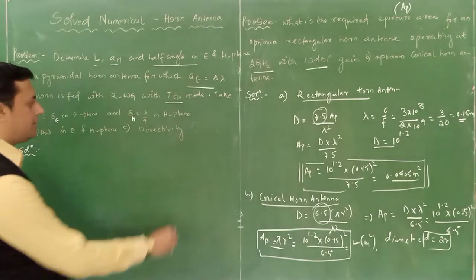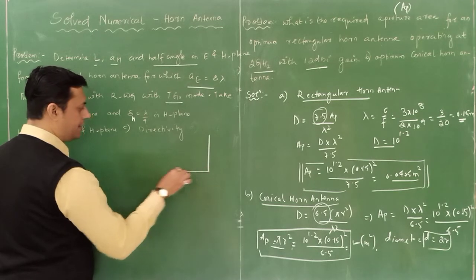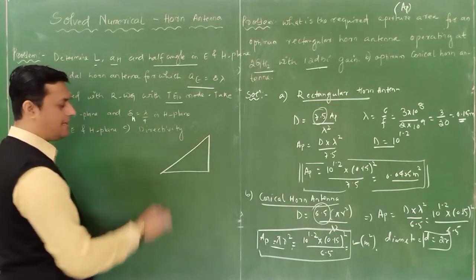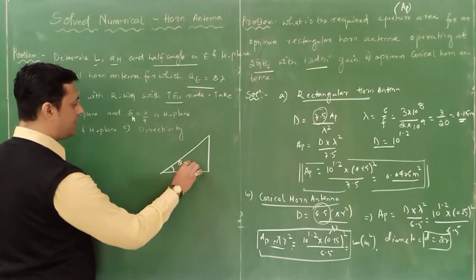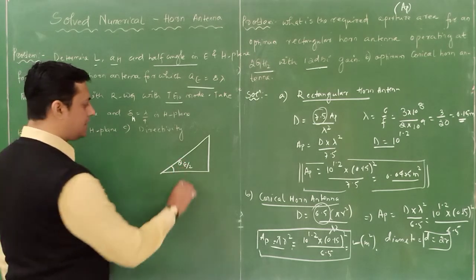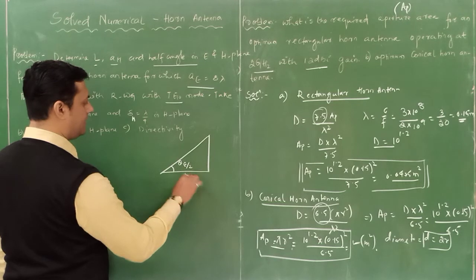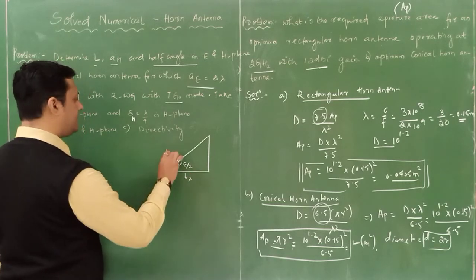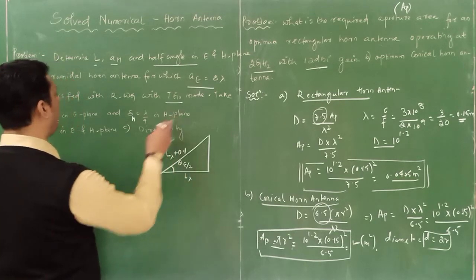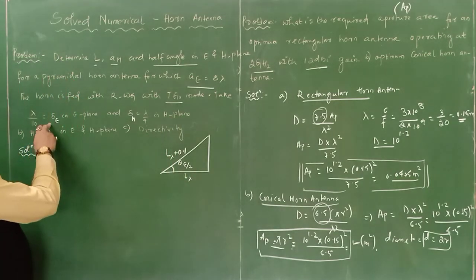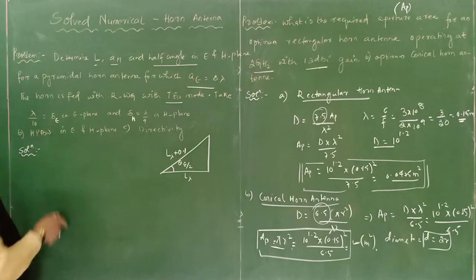It is simple. So first let me draw a triangle through which we can understand. So this is my theta E by 2 half angle. This is my length L lambda and this is my length L lambda plus 0.1 because 0.1 is the del E. So this is 0.1 lambda.